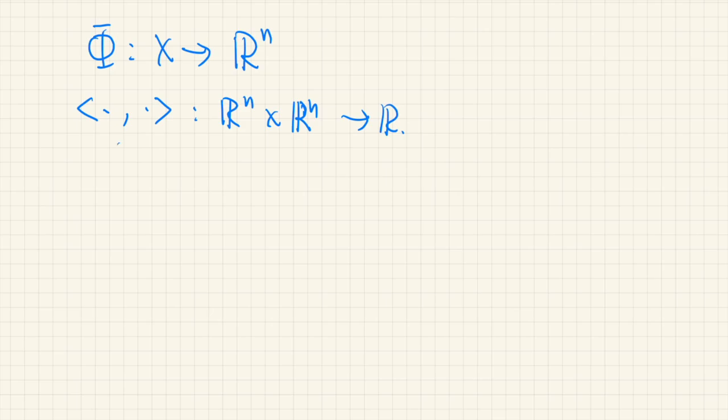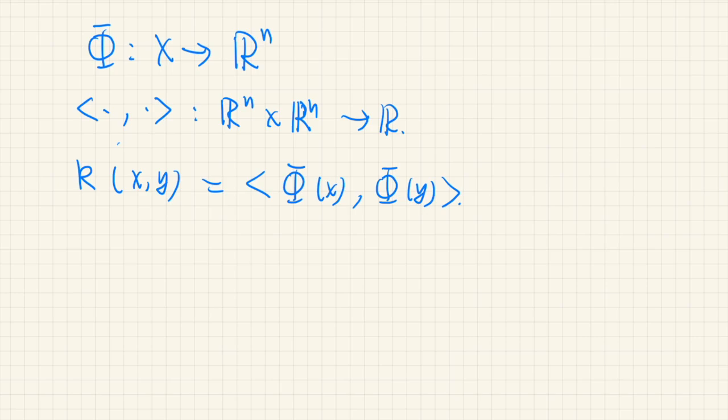So this is the inner product. Then we can define a kernel function k(x,y) as the inner product between phi(x) and phi(y).